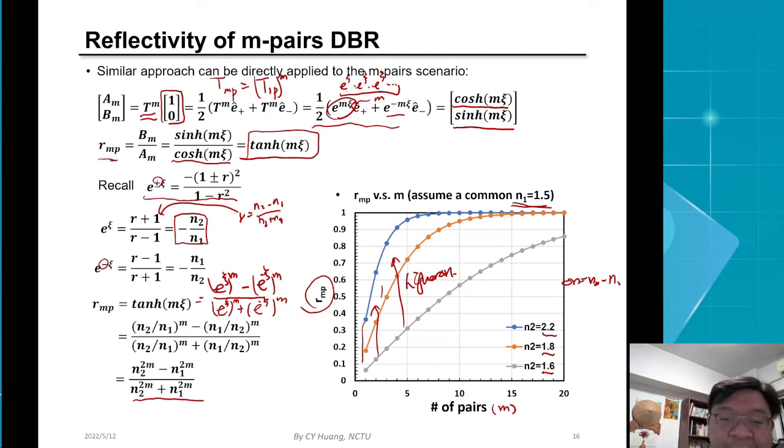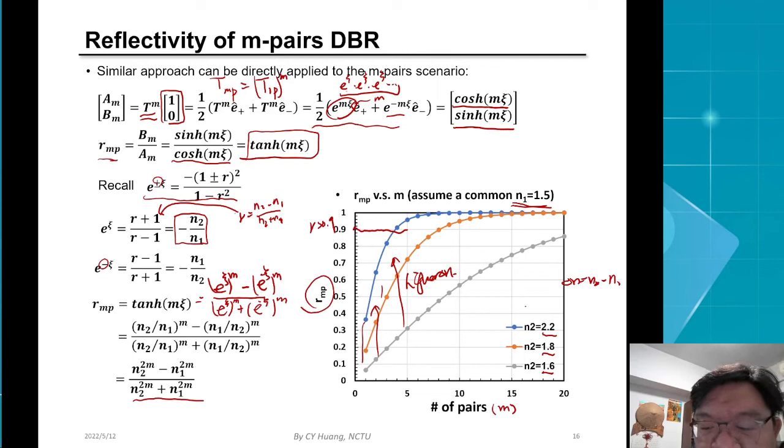Okay, so if we have a stronger index difference, we will get a high reflectivity very efficiently. For example, if you want to get R larger than 0.9, you will see if you have a delta n as high as 0.7, you only need 4 pairs.